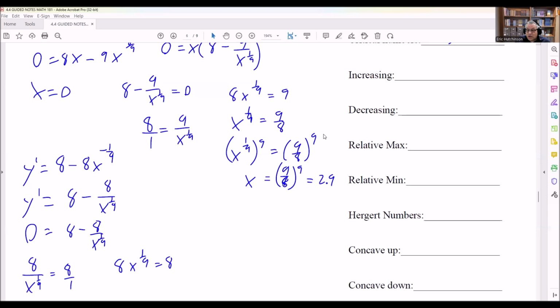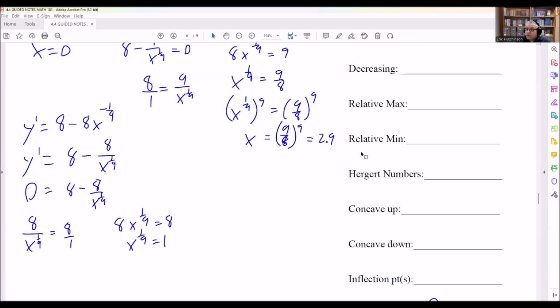Divide both sides by 8, and we get x to the 1/9 equals 1. Now we're going to do the same thing that we did before for the x-intercept. We're going to raise both sides to the power of 9. So if we do that, we get x is equal to 1, and that would be our other critical number.